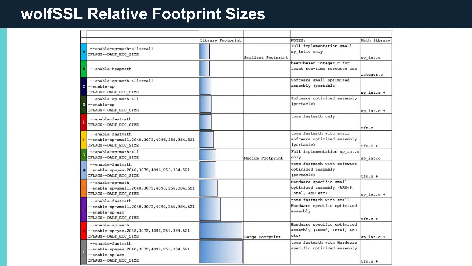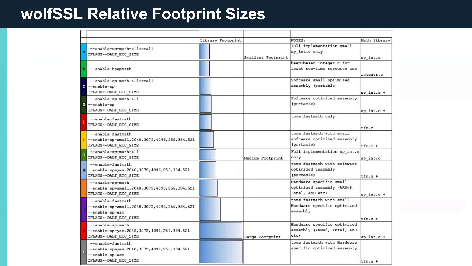So these are some comparisons we ran recently, which are kind of interesting to look at. This doesn't give you hard numbers, but it's a relative footprint size between some of our different builds. You can see the builds in the first column, the library footprint size in comparison in the second column. This is going essentially from smallest footprint to largest footprint across a couple of our different math libraries, that being specifically our fast math library, which is tfm.c, or our SP math library, which is sp_int.c.